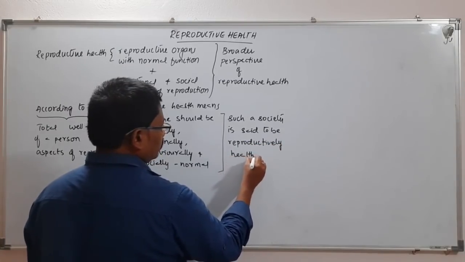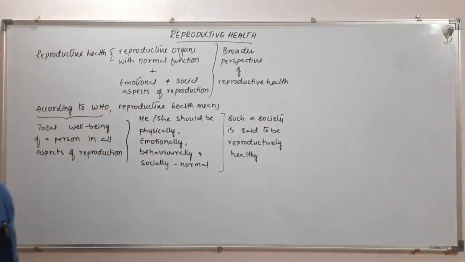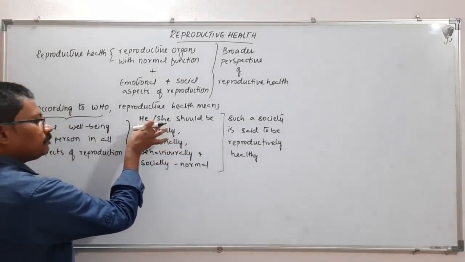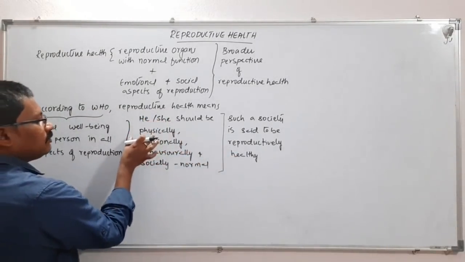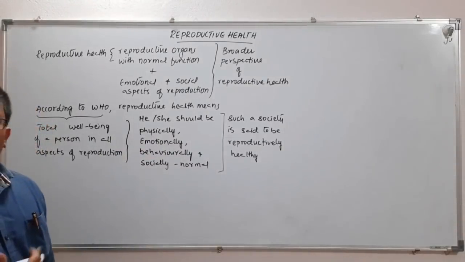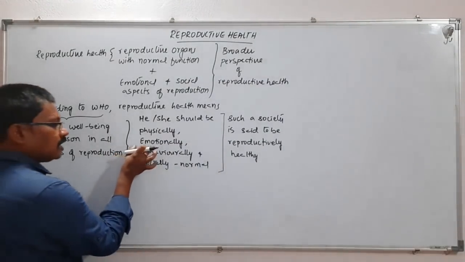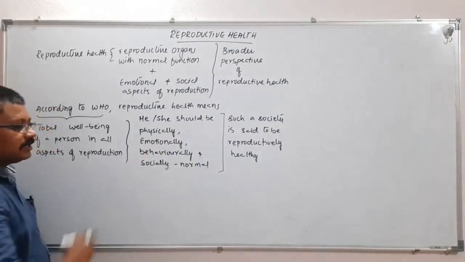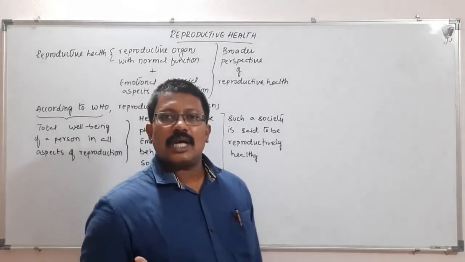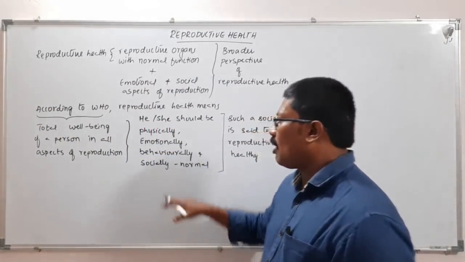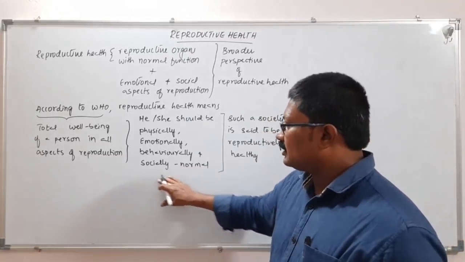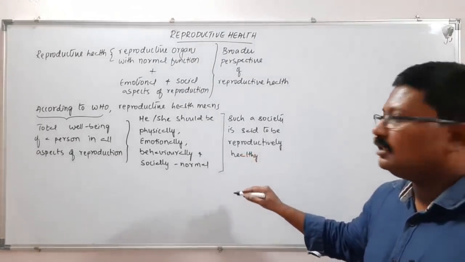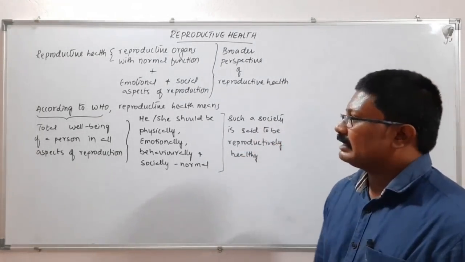healthy. So for a society to be reproductively healthy, the people in the society must have normal physical characters, should have normal emotions, should have normal behavior, and the behavior with other people should also be normal in a society. Then socially we call it, and such a society is reproductively healthy.